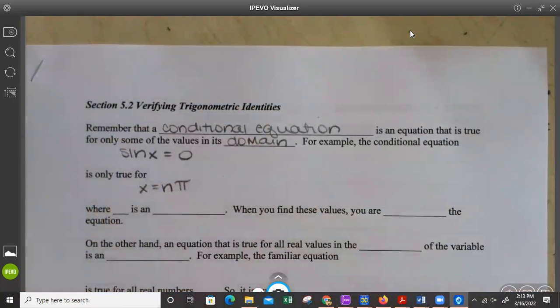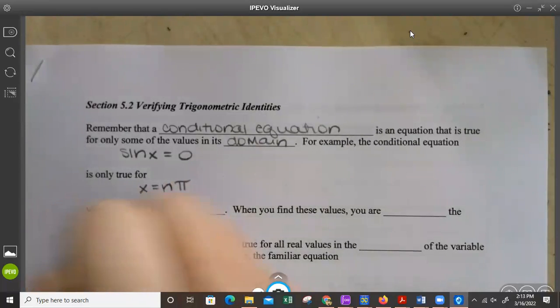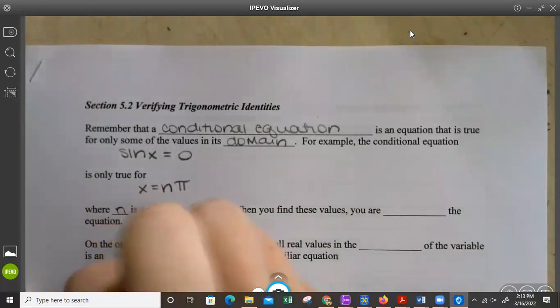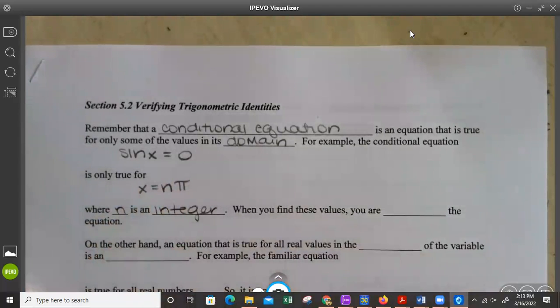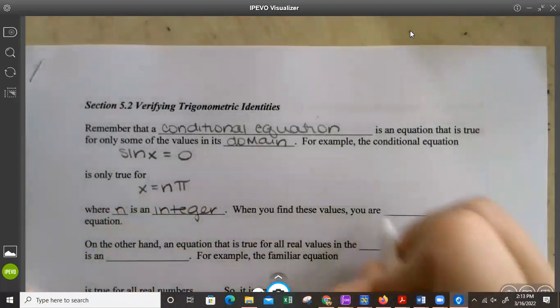That means that every whole pi, 1 pi, 2 pi, 3 pi, 4 pi, sine crosses the x-axis. Remember, it looks like a wave. So at every whole pi, it'll cross at 0. Where n is an integer. When you find these values, you are solving the equation.